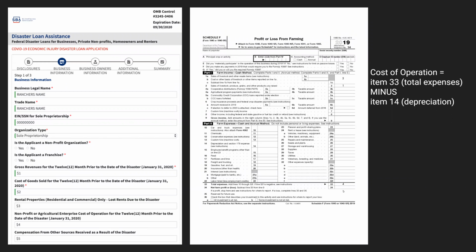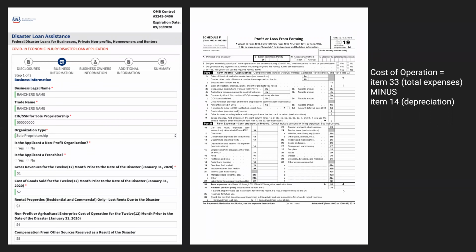And that is to be referenced to the Schedule F on the right, which is Part 1, Line 2, where we also have a number 1. So if you have your Schedule F out, you will refer to Part 1, Line 2, and that is what you would report for gross revenue for the 12 months prior to the date of the disaster.